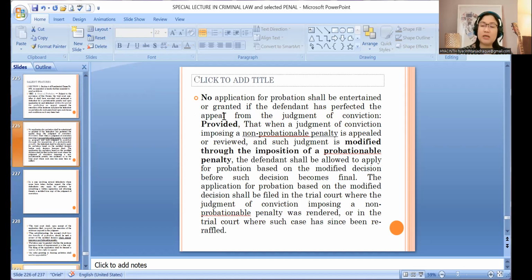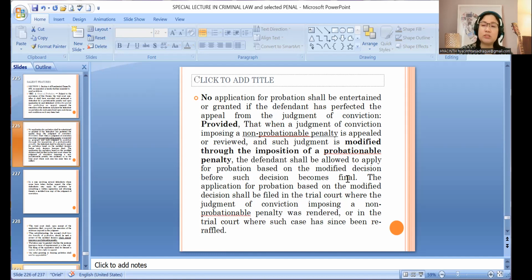And here comes the qualification under the amendment. Provided that when a judgment of conviction is non-probationable, meaning to say the trial court imposes upon him a non-probationable penalty, more than 6 years, is appealed or reviewed, and such judgment is modified through the imposition of a probationable penalty, the defendant shall be allowed to apply for probation based on the modified decision before such decision becomes final.